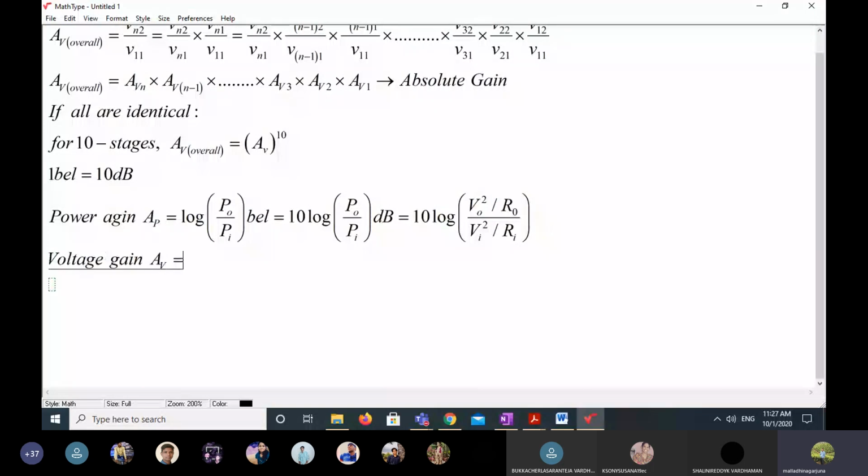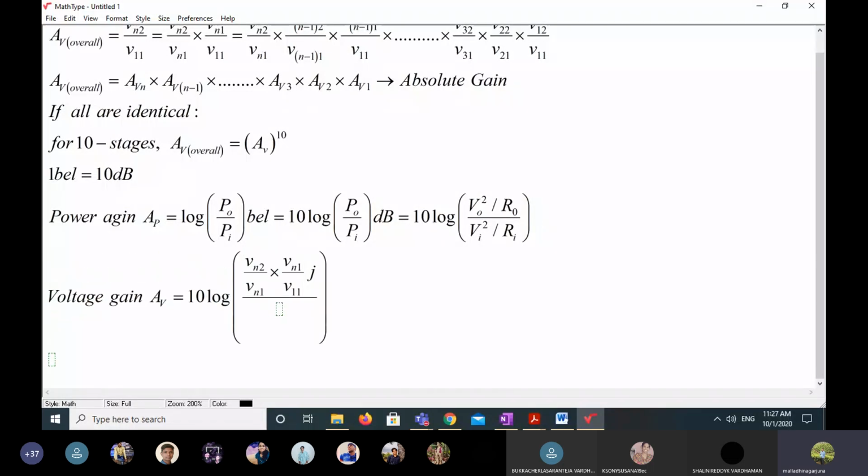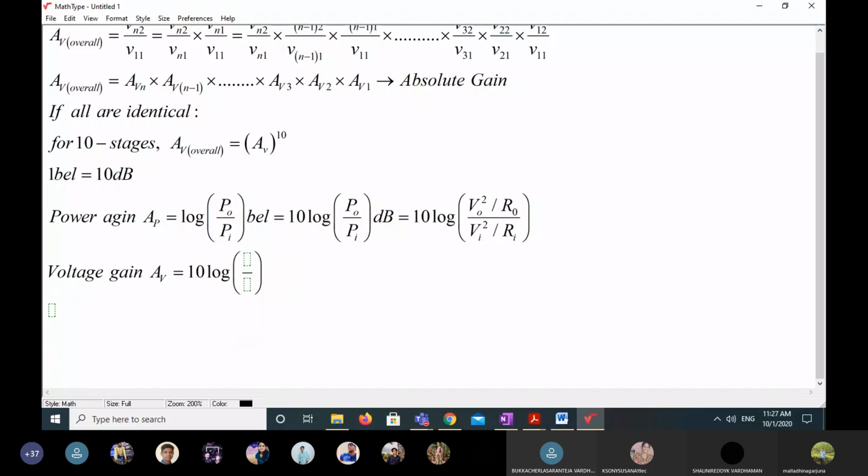if we convert into 10 log, is V naught squared divided by Vi squared. V naught squared by Vi squared can be written as V naught by Vi, whole squared.